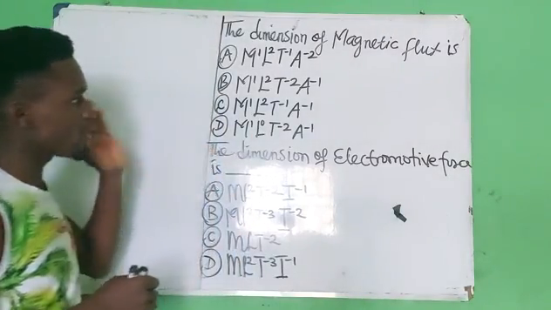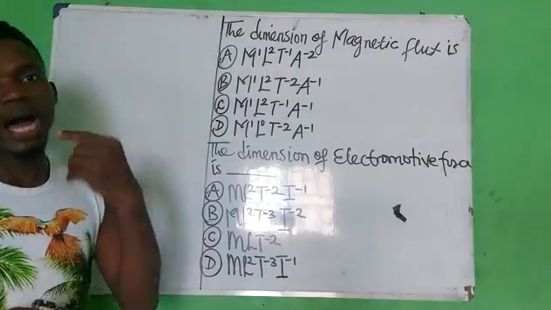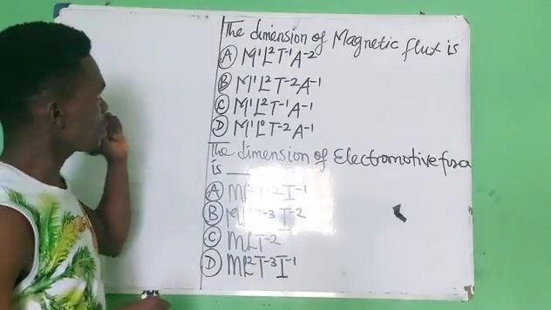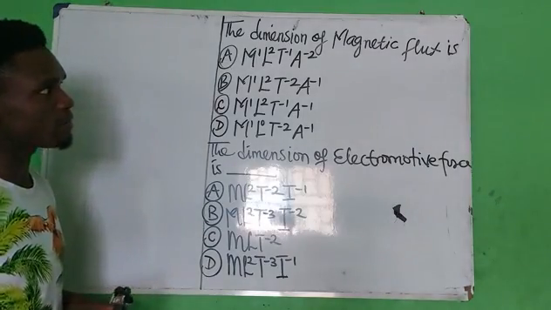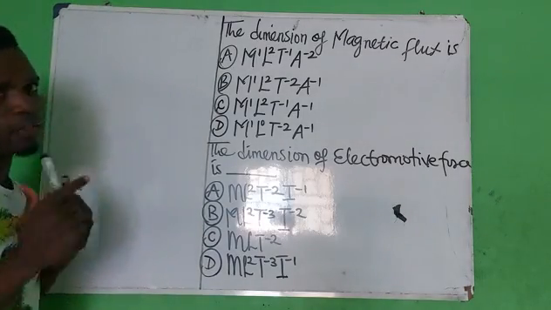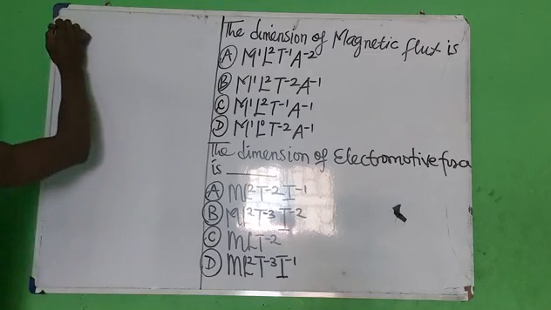So on the board we have two questions that we are to solve together. The first one says, the dimension of magnetic flux is dash. I do not know, so let's deduce it.